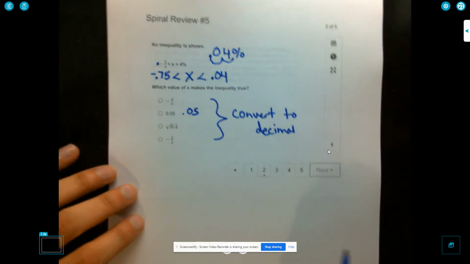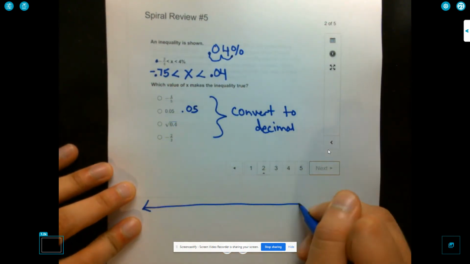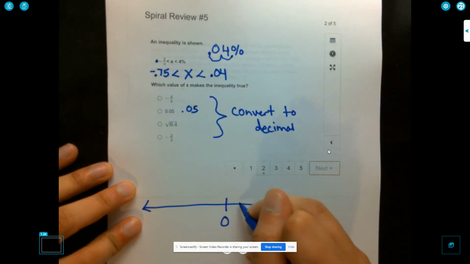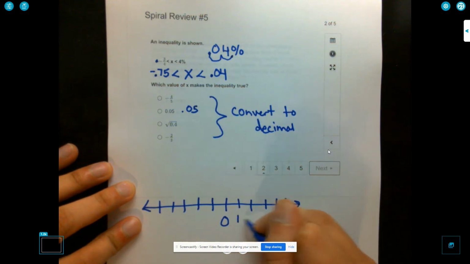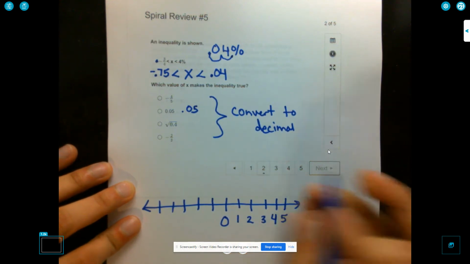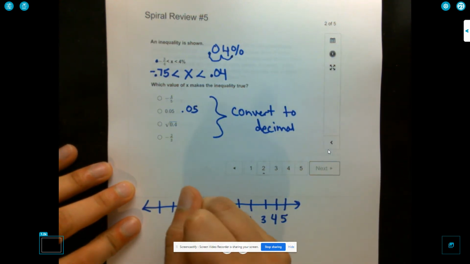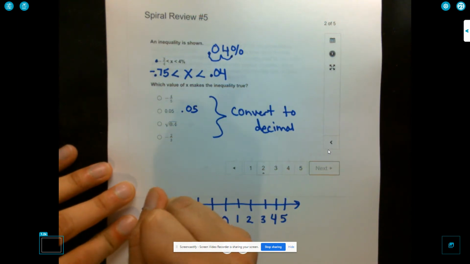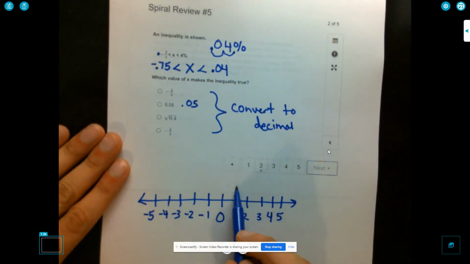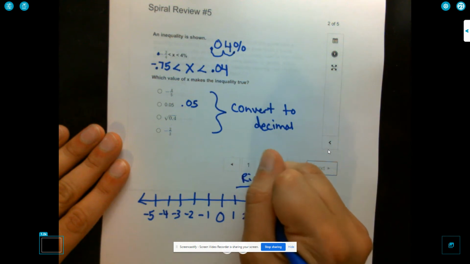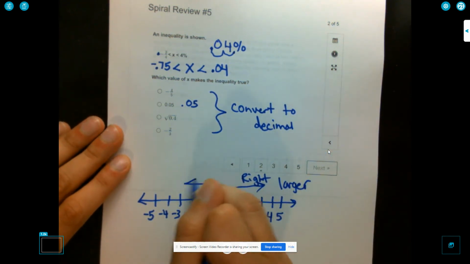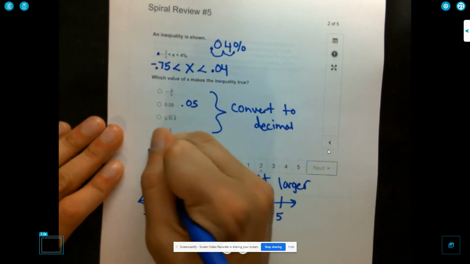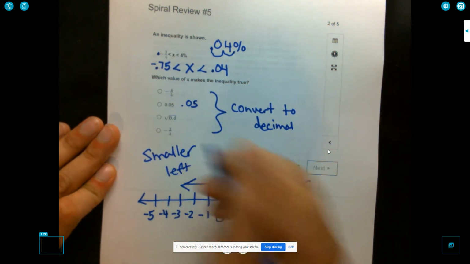So just be very careful. Remember, pay attention to your number line. So your 0, and then 1, 2, 3, 4, 5, positive, and then like -1, -2, -3, -4, -5. So remember, the further right that you go, the larger the number is. And the further left you go, the smaller the number is.